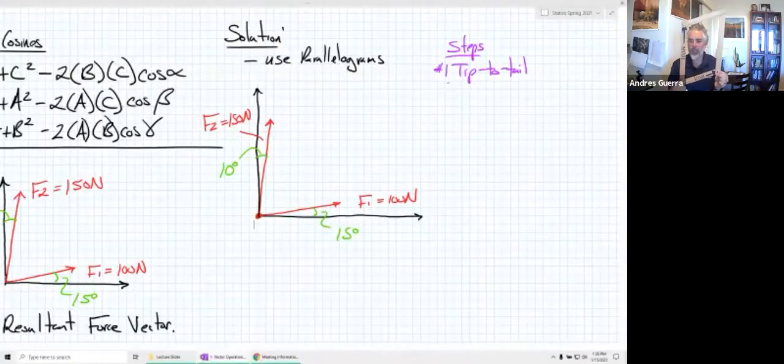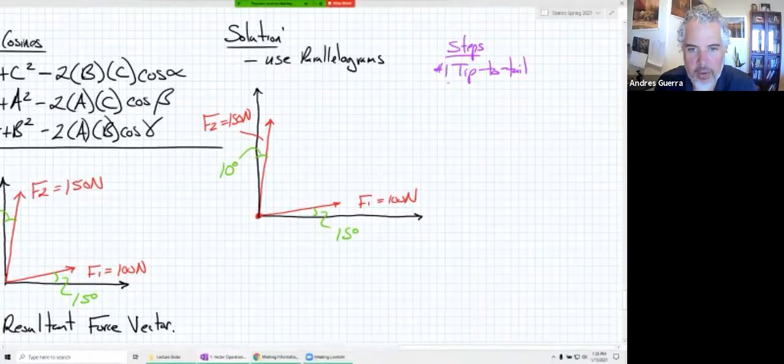And then the resultant, doesn't the resultant go from here to here? It bisects that parallelogram. Okay, so let's draw a line that's parallel to F1. There's our F1 and about the same length right there. Sometimes I have to extend them a little bit so it looks pretty good there.